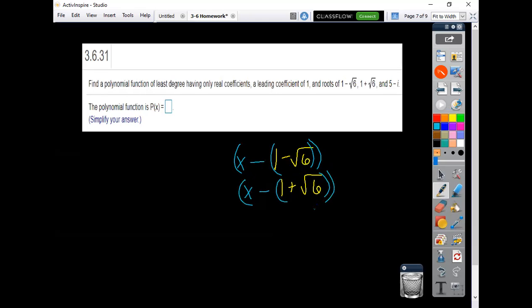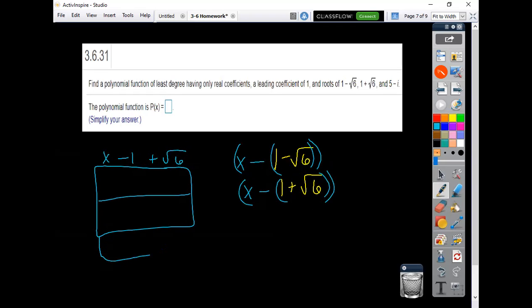So if I multiplied those two out, what is that actually? It'd be x minus 1 plus the square root of 6, and the other one would be x minus 1 minus the square root of 6. And what does that give me so far?